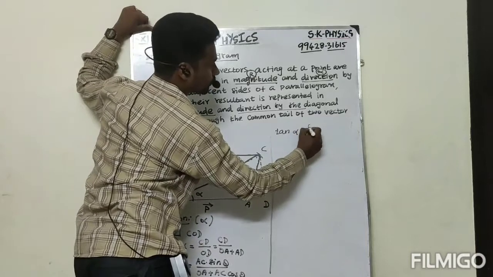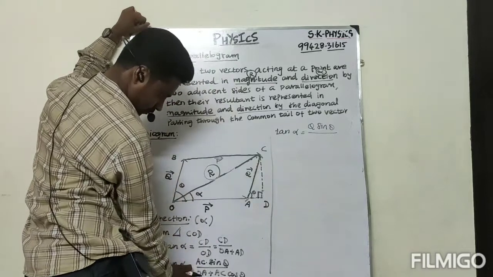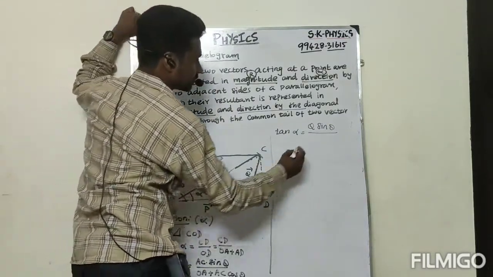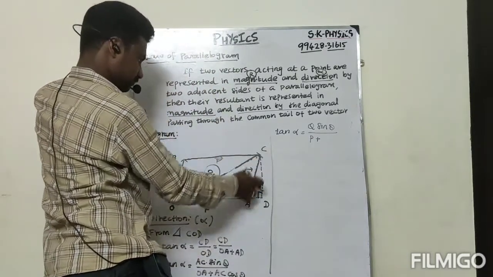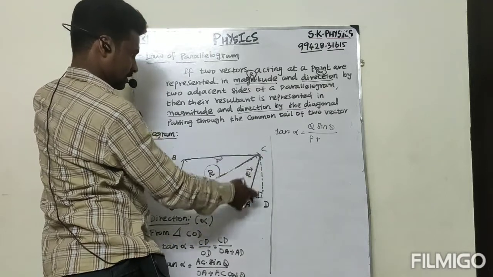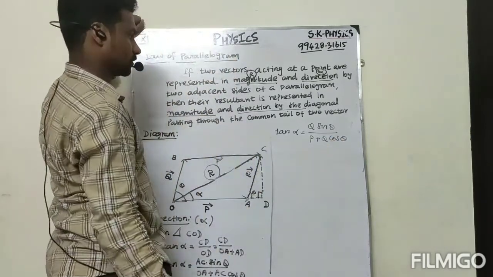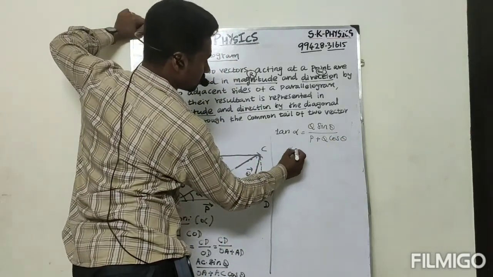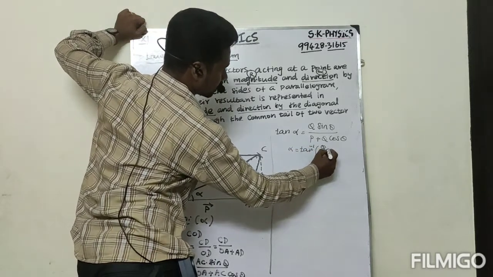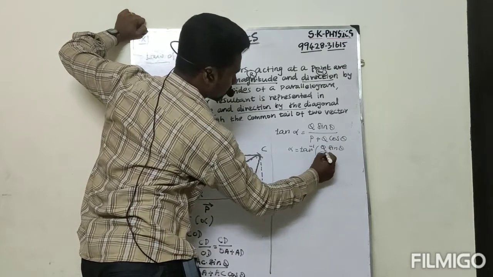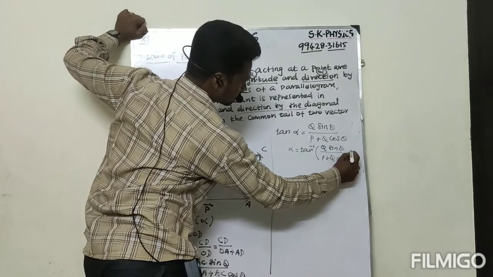AC is nothing but Q. So Q sin theta divided by OA, which is nothing but P. So P plus AC cos theta, AC is nothing but Q, therefore Q cos theta. Okay, so therefore we can write alpha is equal to tan inverse of Q sin theta divided by P plus Q cos theta.